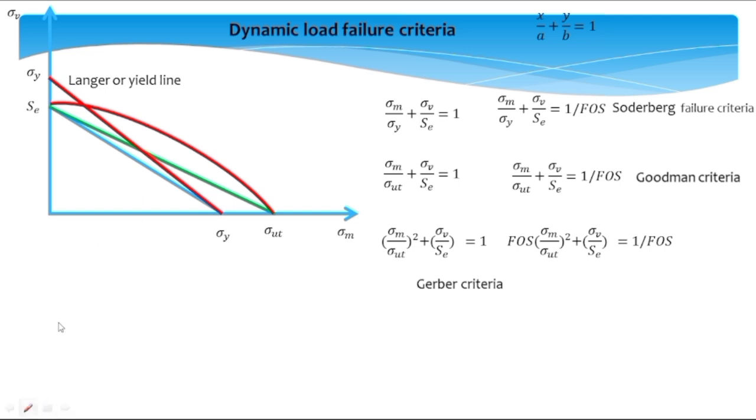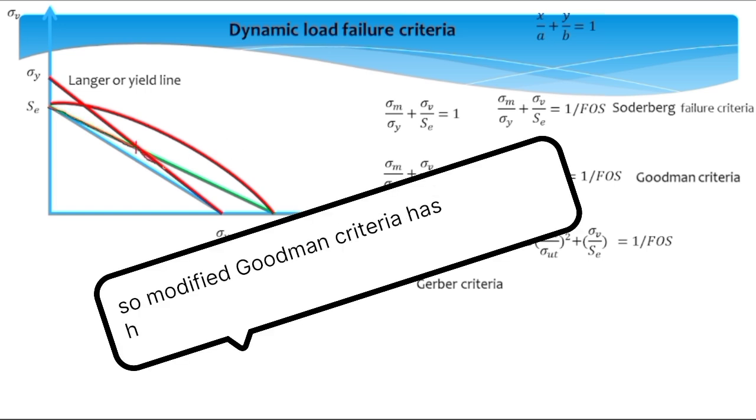But as I told you earlier, a premature failure will occur when there is dynamic loading, and above Se the body will fail. So if you see, this region is not safe for the dynamic load, and according to the Goodman, this area is also not safe. So Gerber modified his criteria, and he took this line which was his own line up to this point, and after that he took this Langer line.